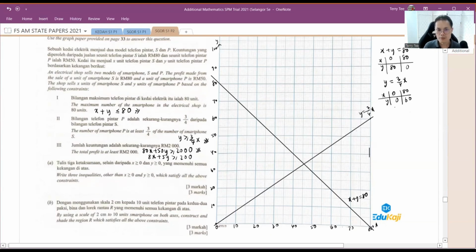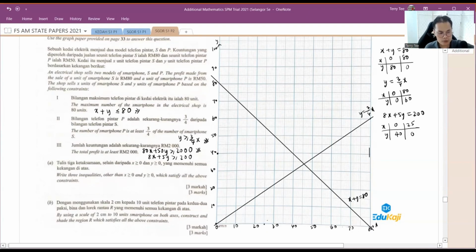Okay, so the third line I have to use is 8x plus 5y equals to 200. When x is 0, 200 divided by 5, 40. When y is 0, 200 divided by 8, 25, right? 25. So I need 0, 40 and 25, 0. 25, 0 should be here.